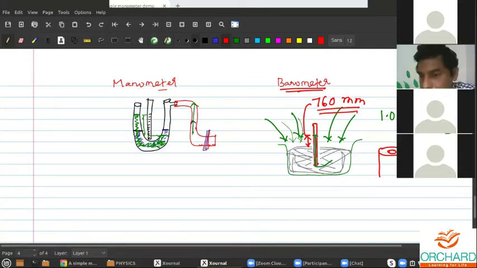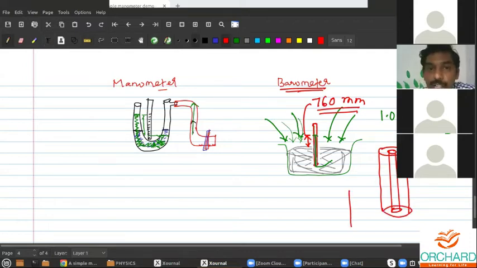The mercury will be rising in the capillary tube. If you keep this glass tube inside a trough of mercury, the mercury will rise into the tube up to a particular height. What height? Up to 760.